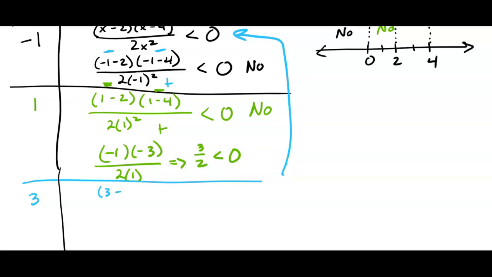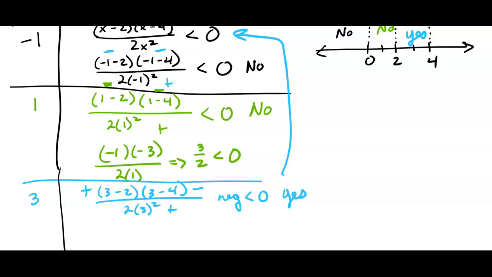So 3 minus 2, that's going to be positive. 3 minus 4, that's going to be negative. And then I'm going to have 2 over 3 squared, which is also going to be positive. So I'm going to have a positive here, a negative here, a positive down here. So it's going to wind up being negative, some negative answer. I don't know what it is. And is that less than 0? Yes.